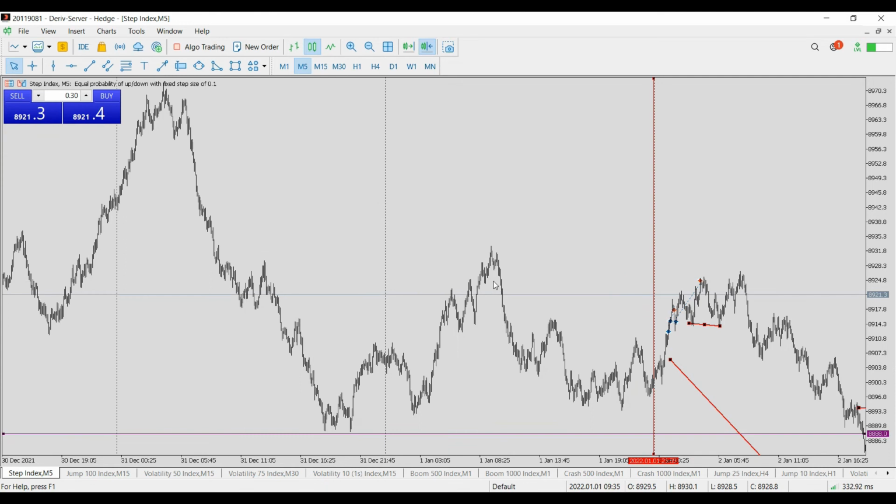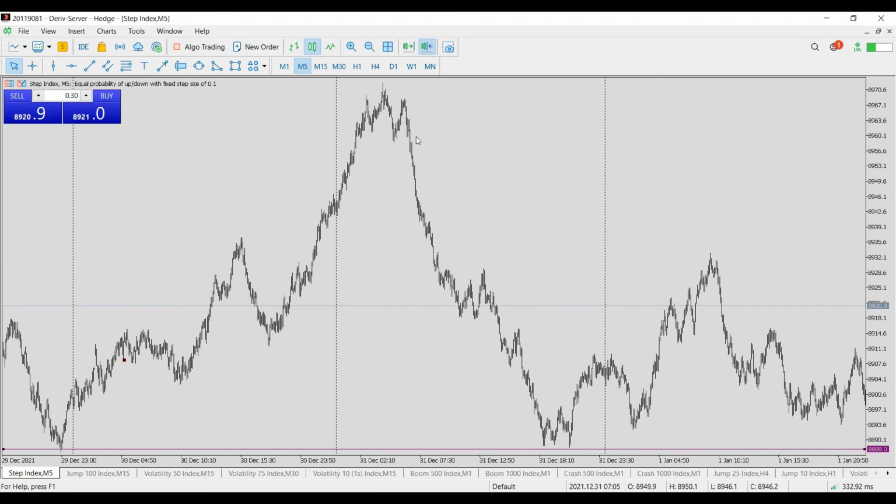If the market is consolidating, I would advise you just let it be. But if the market is clearly showing that it's on an uptrend, giving you this is your A. As you can see, guys, this is like a strong A, and this is your V. So you just need to know what the market is doing.